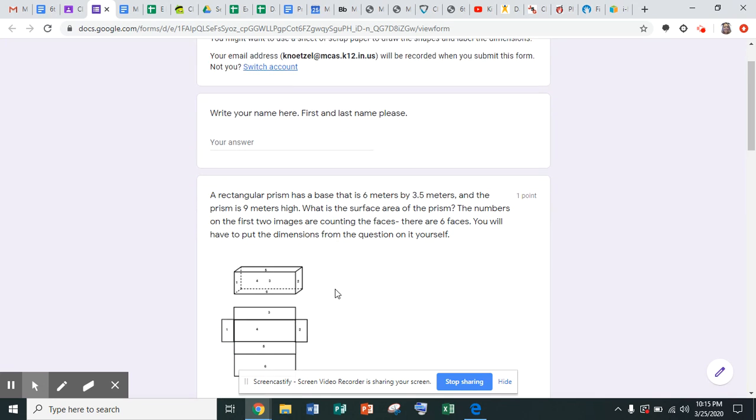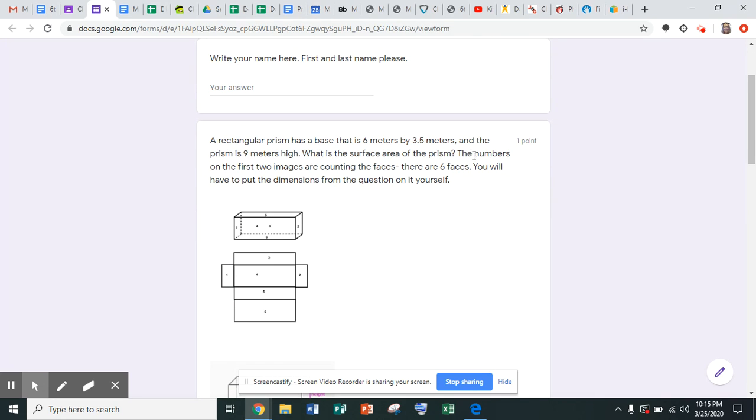Miss Walker did a wonderful job. She wrote a note here. The numbers on the first two images are counting the faces. There are 6 faces. So you have 1 here, which is your left side, also laid out flat here. You have 2, which is your right side and laid out here. Then you have the back side of your rectangular prism, which is here, and it's a rectangle.